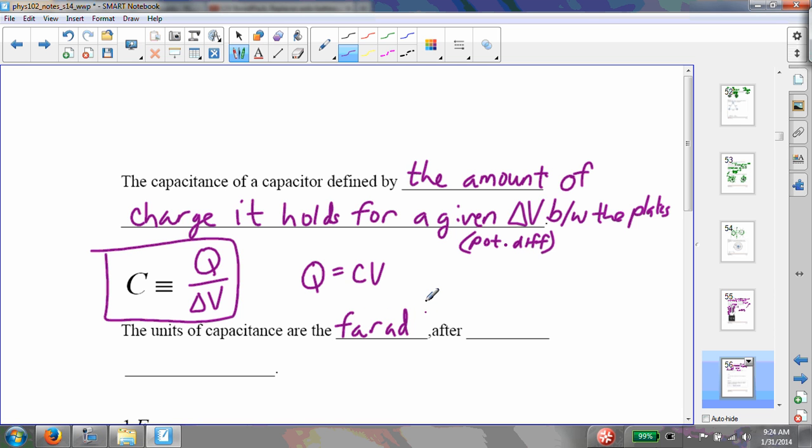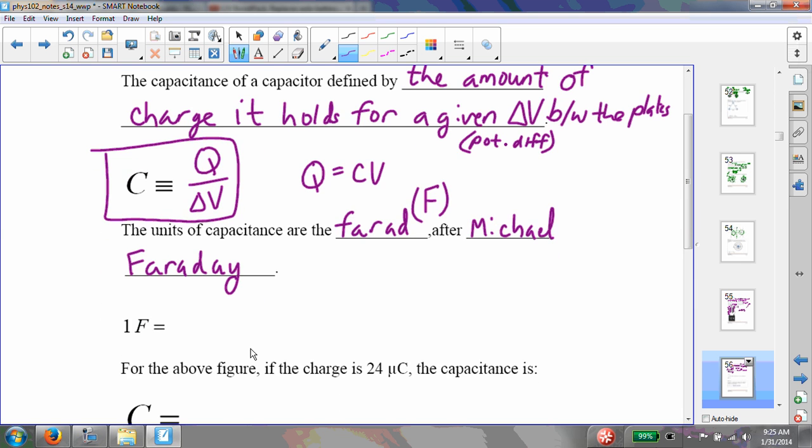This is abbreviated with a capital F because it's named after Michael Faraday, which, if you remember from that Einstein video, Michael Faraday was very important in the development of how we think about electricity today. So if you haven't watched that, it's not required, but I think you might find it fairly interesting. And 1 farad is equal to 1 coulomb per volt.